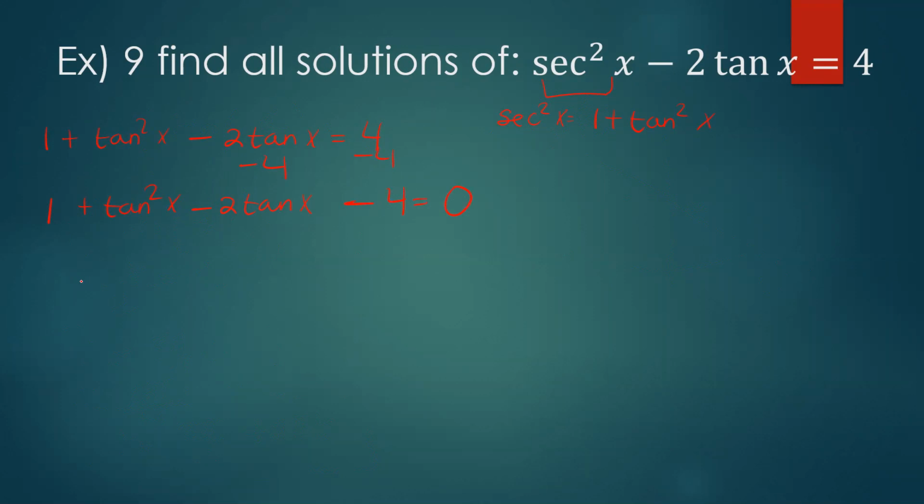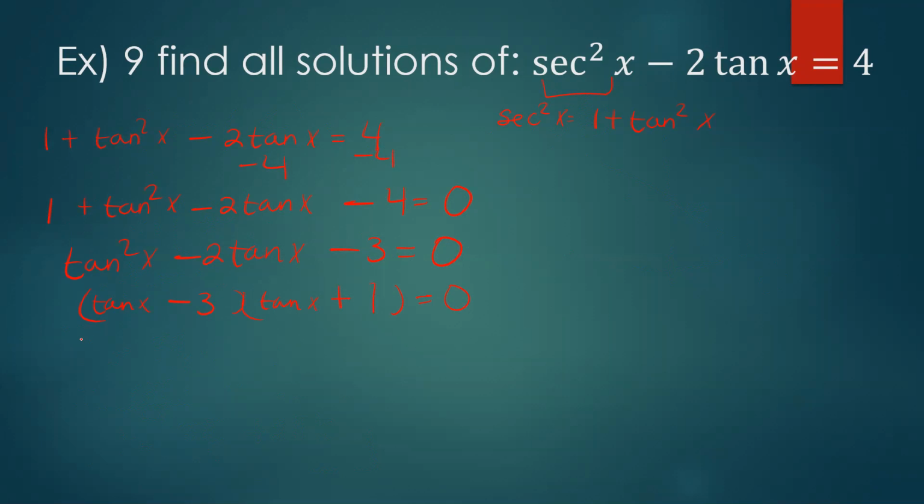And when you simplify this, this would be tan squared of x minus 2 tan of x, and then 1 minus 4 is negative 3, equals 0. And then you could just do simple factoring from here. So this would be tan of x, and then I'll do negative 3 plus 1.